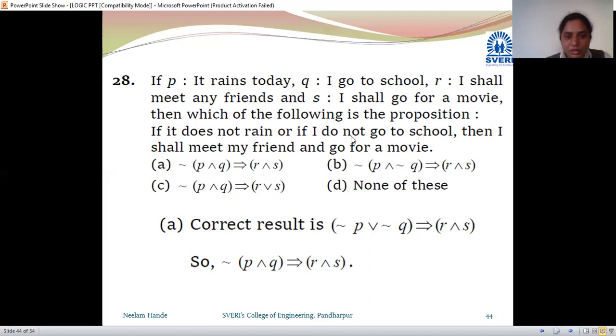Negation P or negation Q. Then what? Implies. Then what? I shall meet my friends. I shall meet my friends is R. And, I go for a movie. And go for a movie is statement S. So R and S. So what is your correct logical equivalent statement is this option.